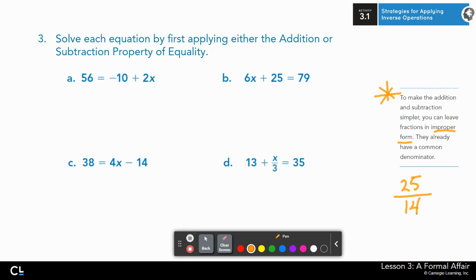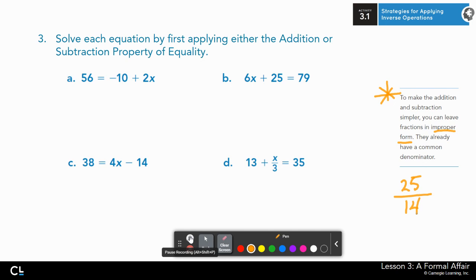Alrighty, time to practice. At this time, I want you to set a timer for about 15 minutes, give or take, depending on how much time you have, and you're going to work on questions 3A, B, C, D, and also questions 4A, B, C, and D. If 15 minutes is not enough time to do all four in each question, prioritize two.